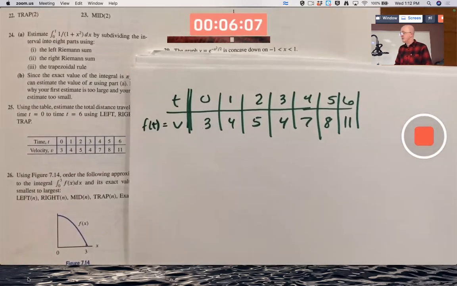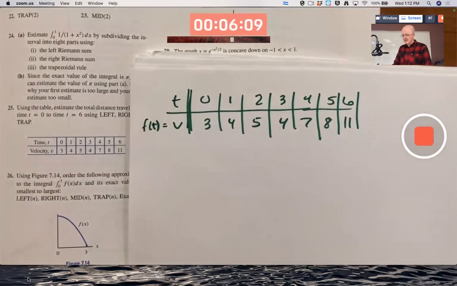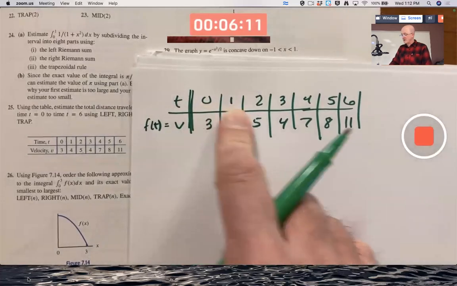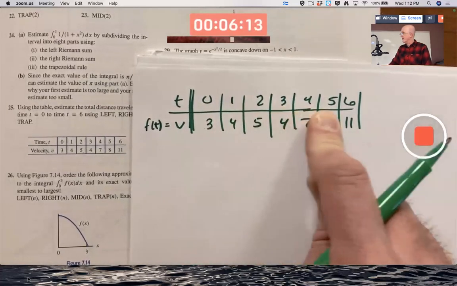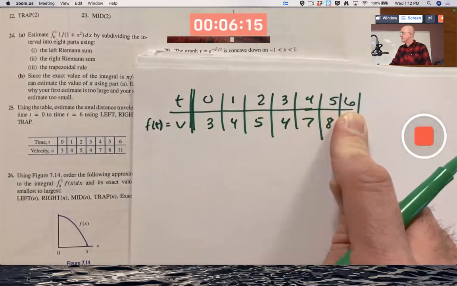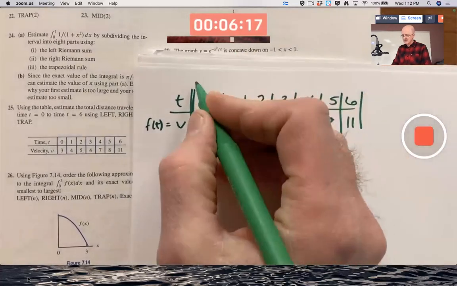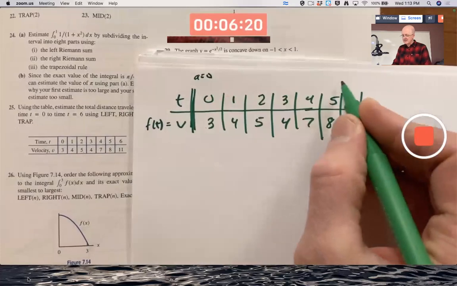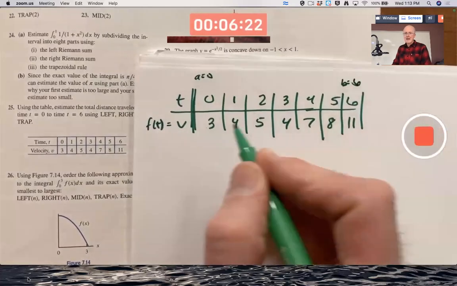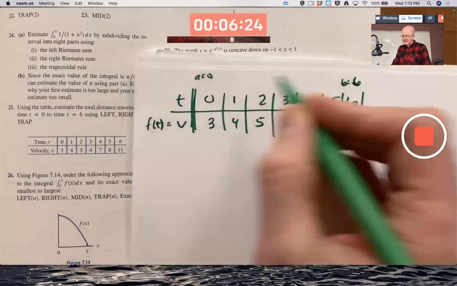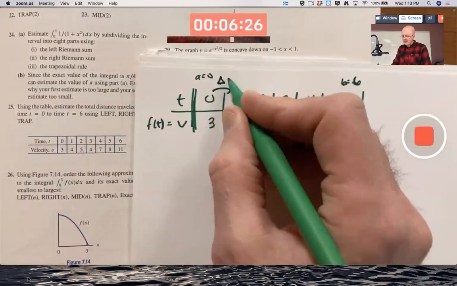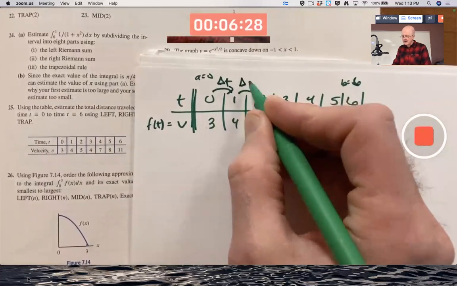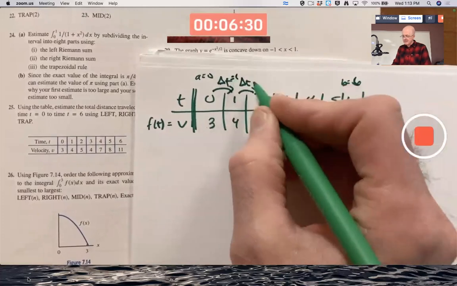How many intervals do we have here? 0 to 1, 1 to 2, 2 to 3, 3 to 4, 4 to 5, and 5 to 6. That's 6 intervals. In fact, a equals 0, b equals 6. And you can see that delta t, the change in time over each subinterval here, is 1.